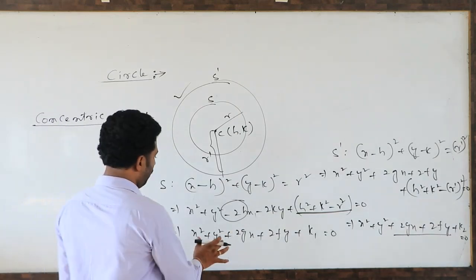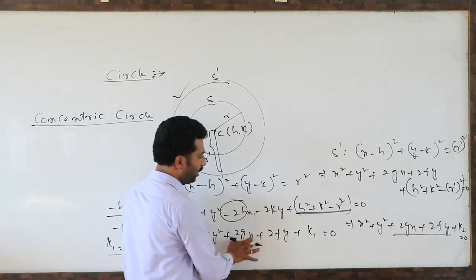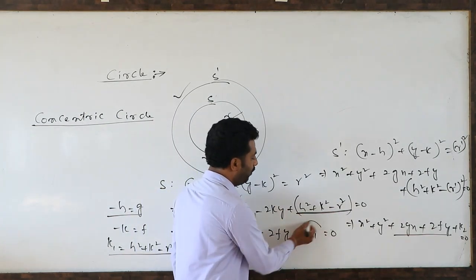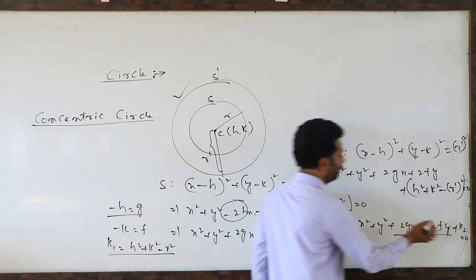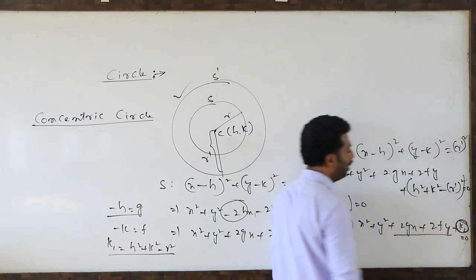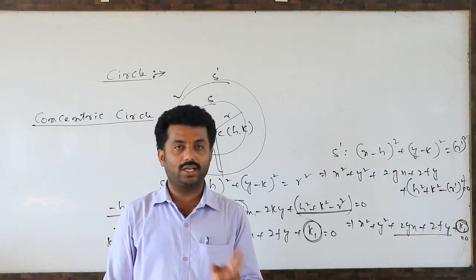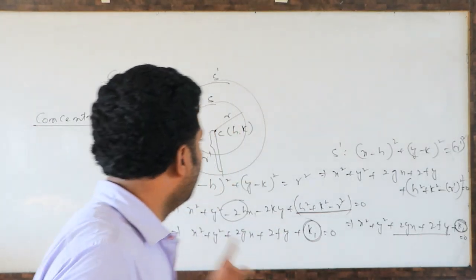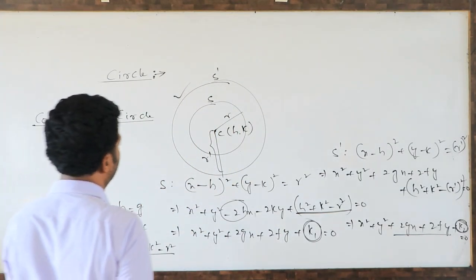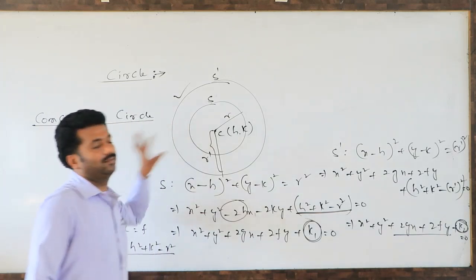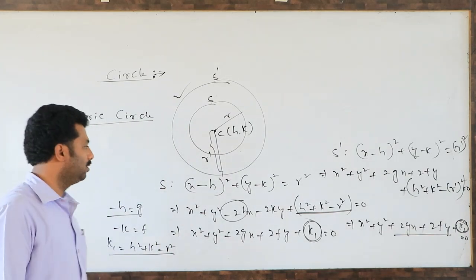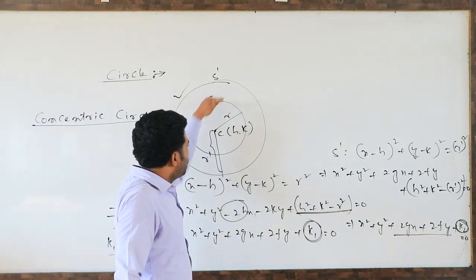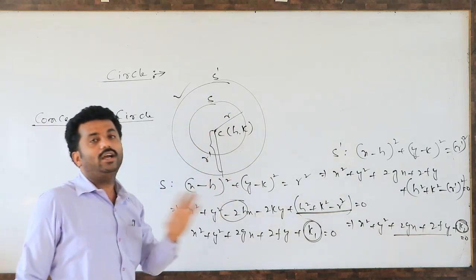Very clear: x square y square, 2gx, they are also 2gx, 2fy, 2fy. They differ by only a constant. So two circles that differ by only a constant and have the same center, such type of circles are called concentric circles. Concentric circles have the same center, and they differ by only radius.